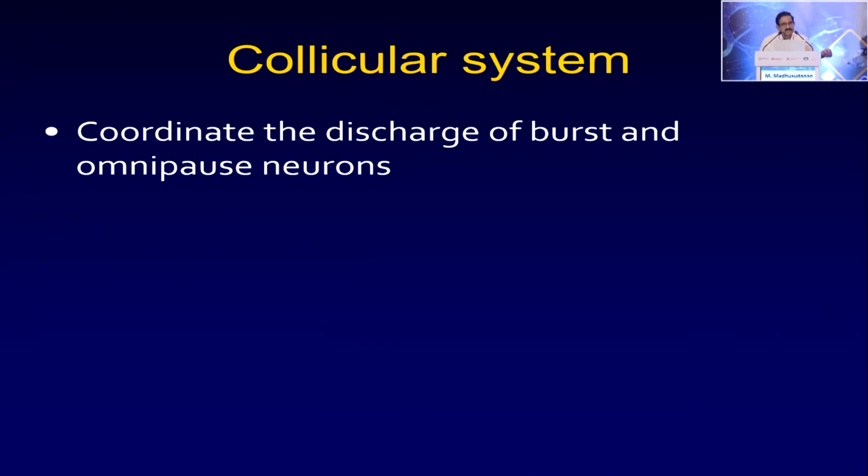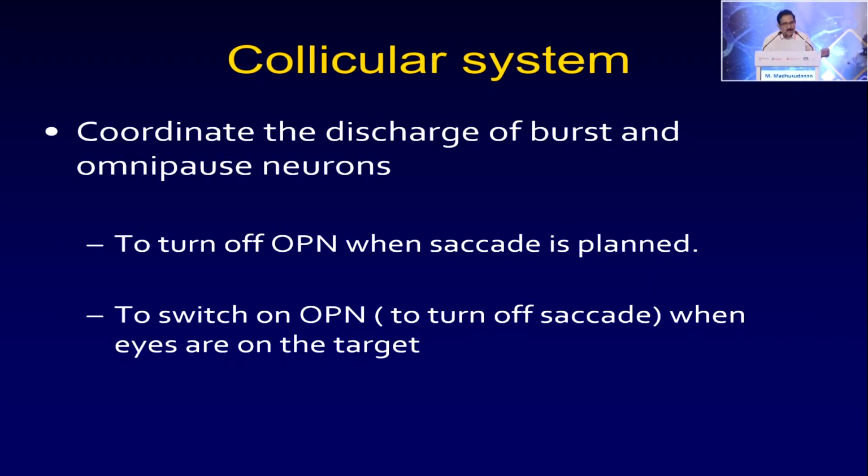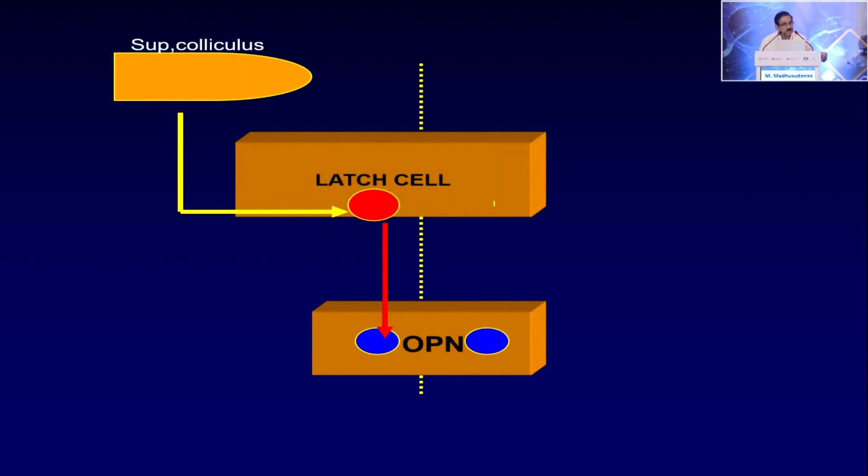Now, what is the role of this collicular system? It coordinates the discharge of the burst and omnipause neurons because it decides when to turn off the OPN, the omnipause neurons, when the saccade is planned, and switch on the OPN when the saccade has reached its target. So the activation of the superior colliculus, through an inhibitory interneuron, hypothetically in the midbrain, the latch cell, inhibits the OPN to produce a saccade.